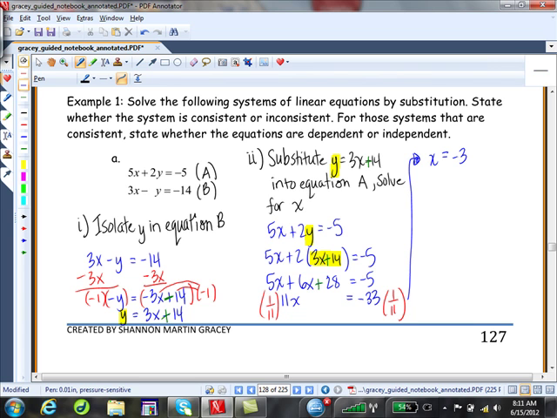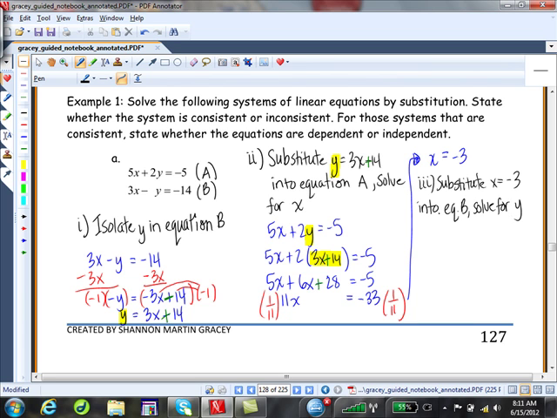So the next step: substitute x equal to -3 into, and now you can use any equation you want. You can use equation A, you can use equation B, or you can use how you've isolated the y over here. I'm just going to go ahead and do it into equation B, and this will let us solve for y.